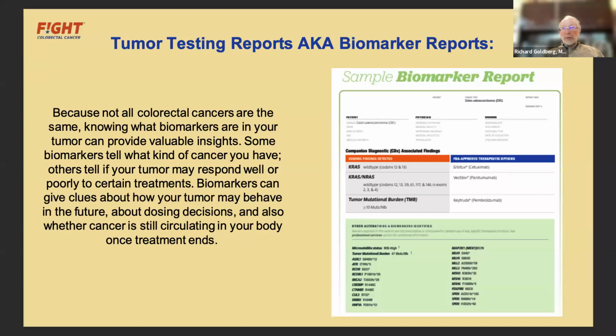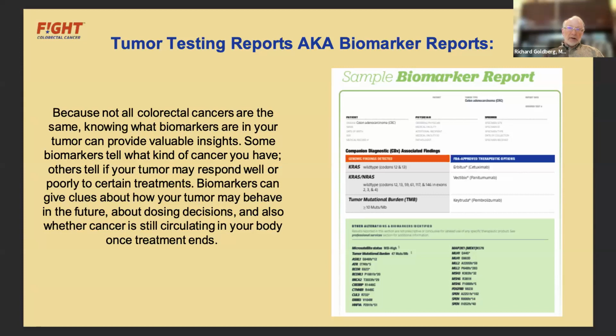So we talk about biomarkers, and biomarkers really are used in two ways. One way is that they can help us give a prognosis to a patient. So the whole staging thing that we talked about is a way of trying to segregate patients into categories so that we can try and predict how they're going to do based on the experience of patients that have come before them.